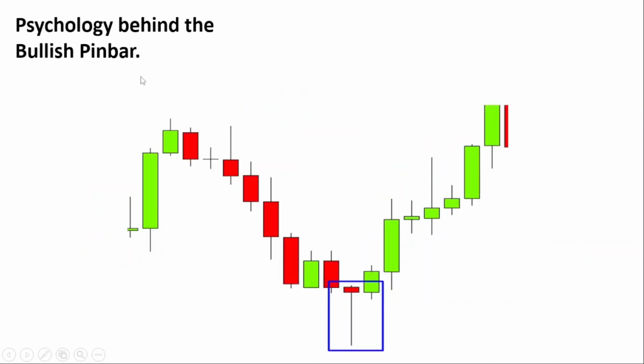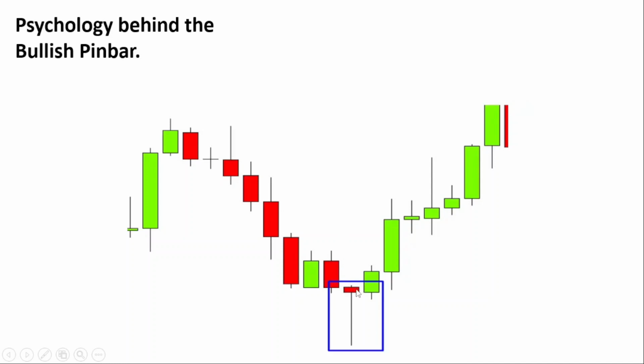Psychology behind the bullish pin bar, the same way. The bullish pin bar is formed at the support level after a downtrend. For example, assuming this is the 5 minute candle, after nearly 45 minutes of trading, the price moved downward for nearly 300 to 400 points.